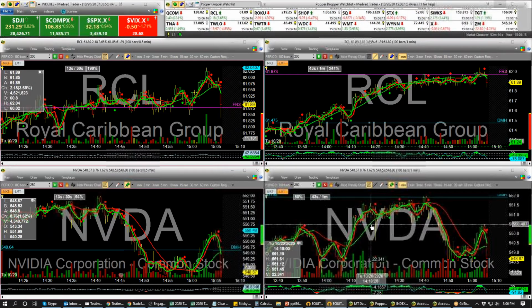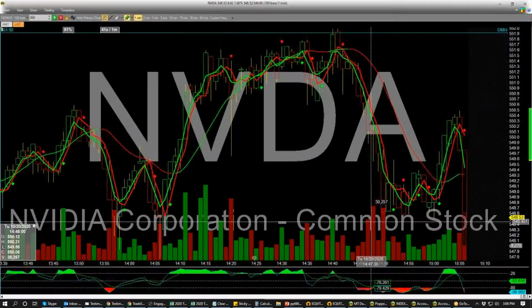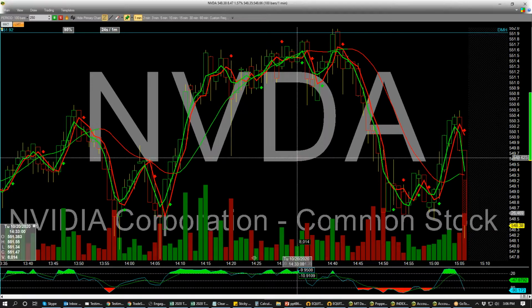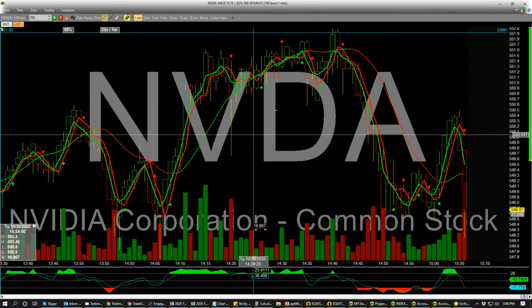So you can use different moving averages. I wanted to get it as close as possible to my 9-period T3. And the 34 EMA on the HMA is the one that kind of lined up the closest.